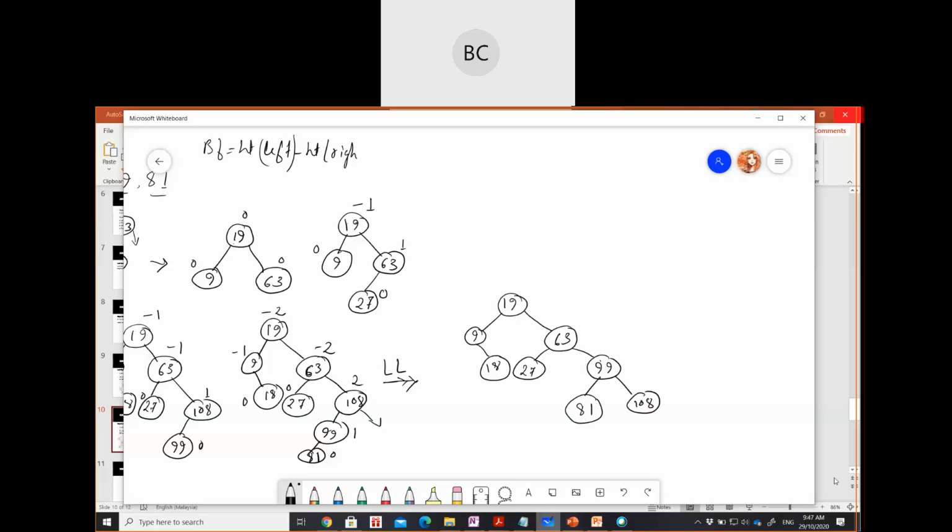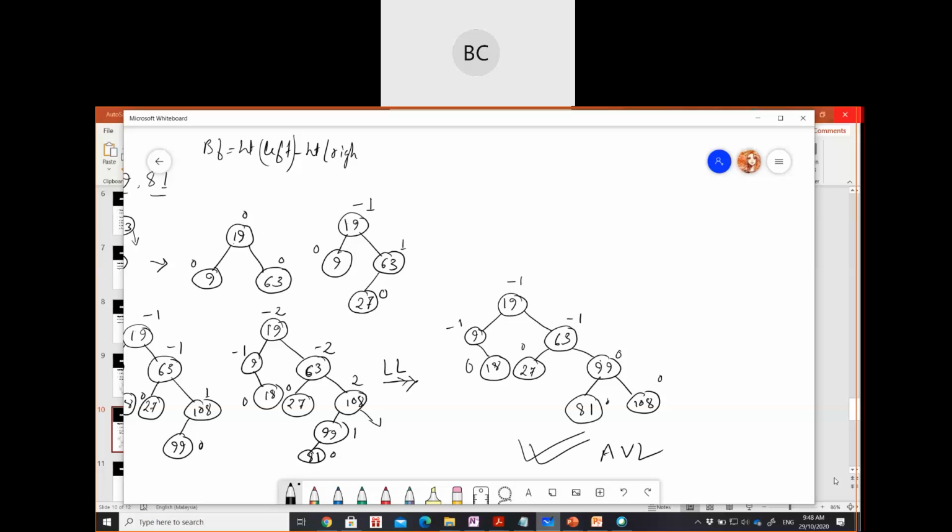Now we check it again. 2 minus 1, 2, 3. So 1. For this one, same 1 and 0. For this node, 1 minus 2 minus 1, 0. For this node 0, 0, 0. So all nodes are balanced. So this is our AVL tree.